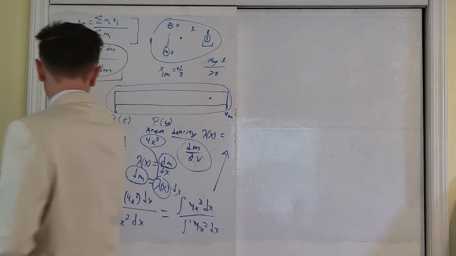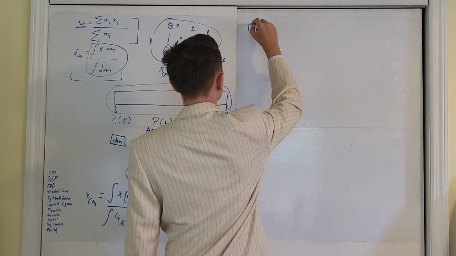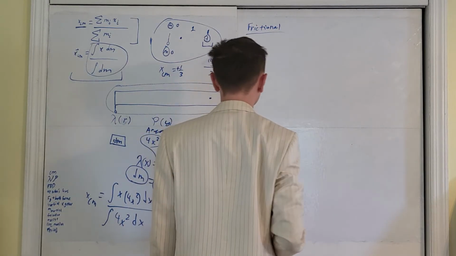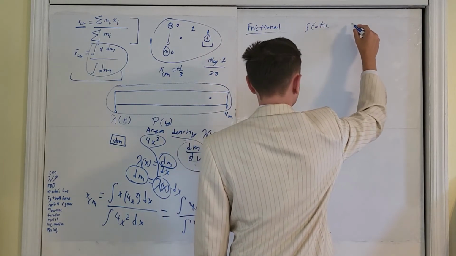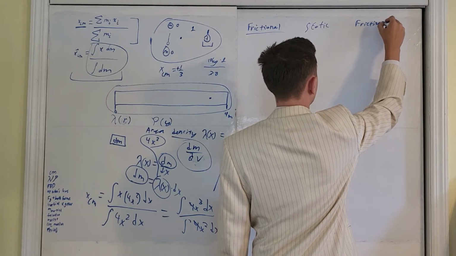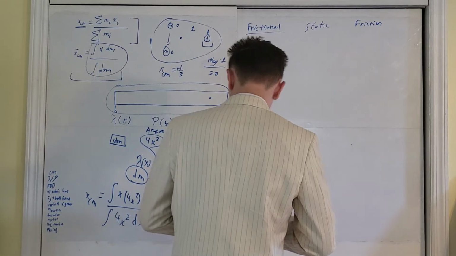Let's move on to our discussion of types of forces. First of all, the frictional force. Okay? Two types of frictional forces: static friction and kinetic friction. Static friction is friction that is applied when an object is not in motion. What do we mean by that?